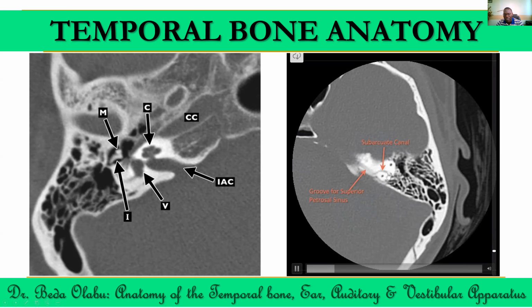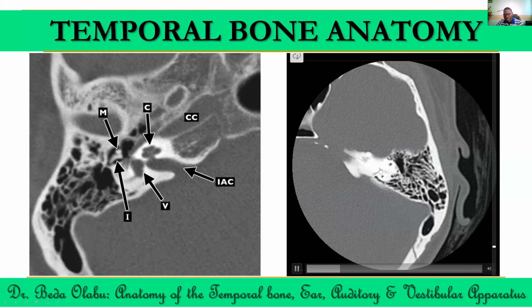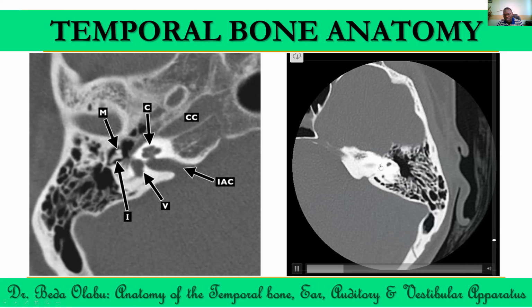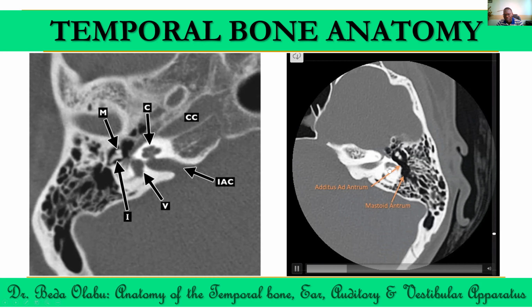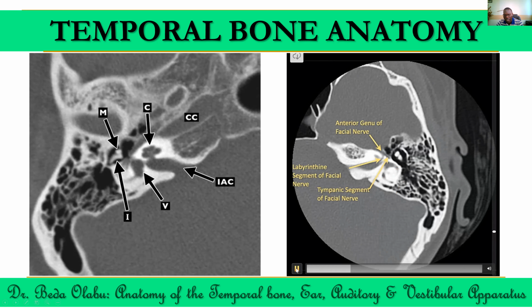Moving down, we can see the groove for the superior petrosal sinus, usually on the petrous ridge. Let's continue going down. So this is the otic capsule, basically very thick, dense bone around the meatus, around the labyrinth.